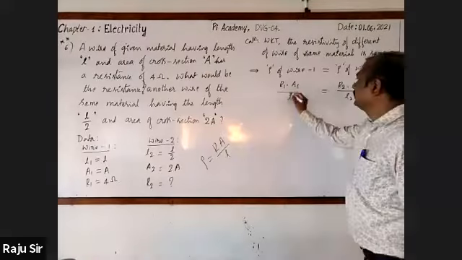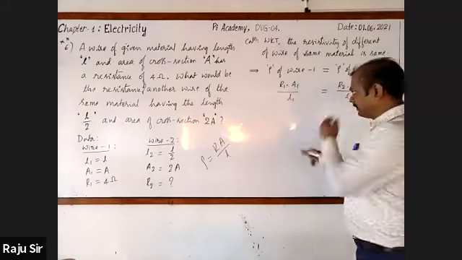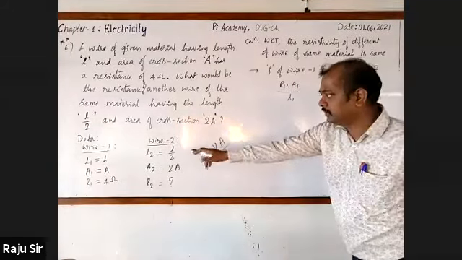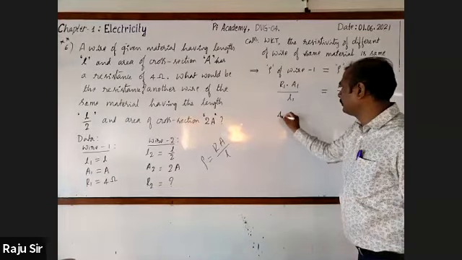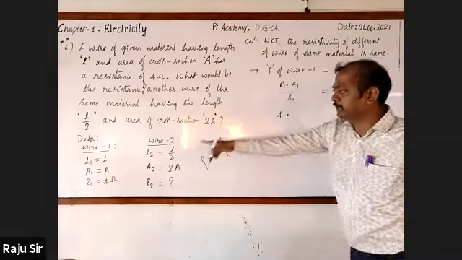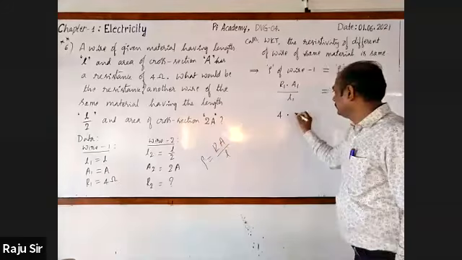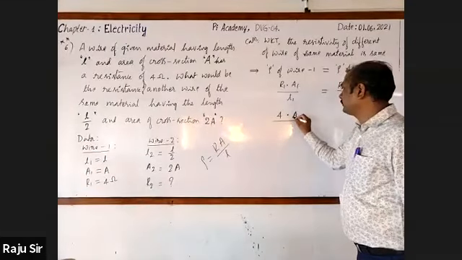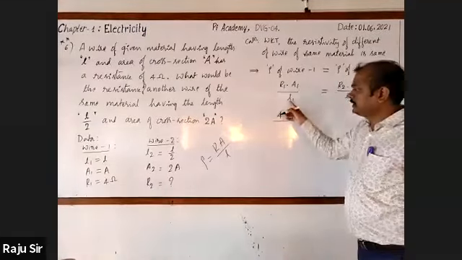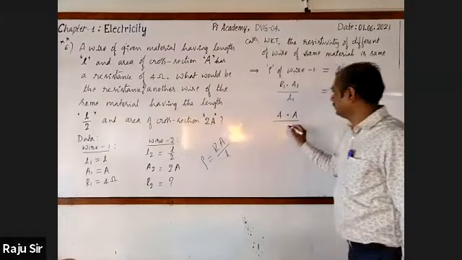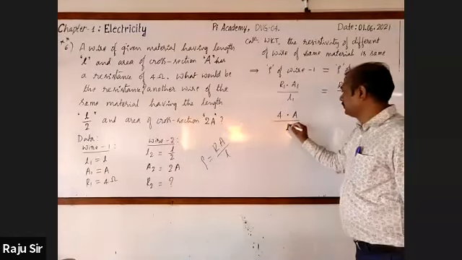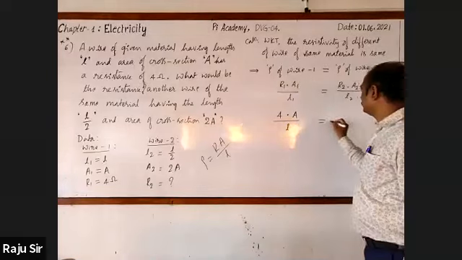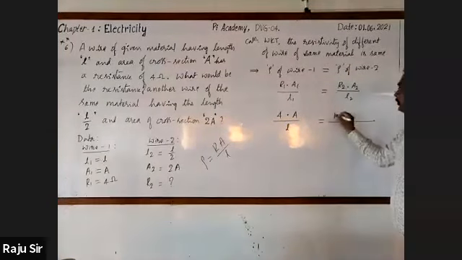Next, let us go for substituting. R1 is 4 ohm into A1, which is A. Area of cross section of the first wire is A, and its length is L. This is equal to R2 as it is, because we do not know the resistance of the second wire.